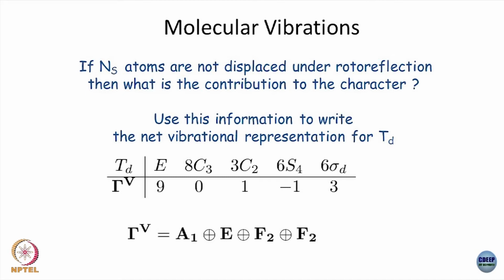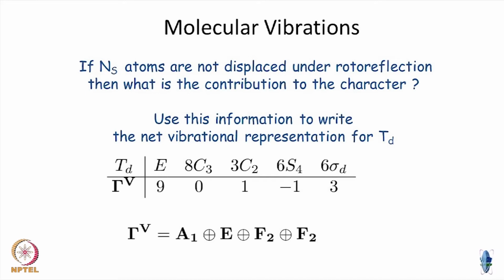I have not really discussed what happens to the contribution to the character if you have a rotoreflection operation. I will leave it to you to try it out. If NS atoms are not displaced under rotoreflection, then what is the contribution to the character?